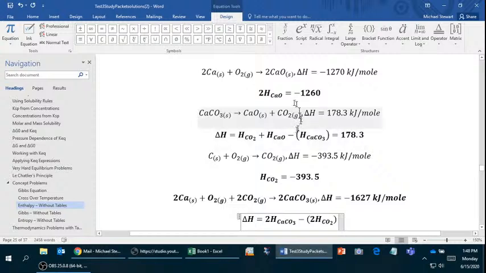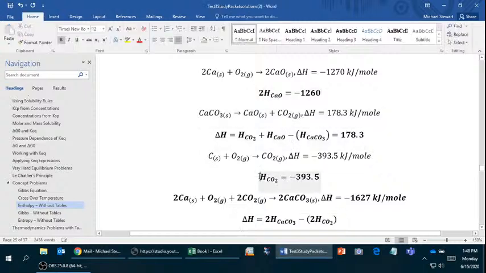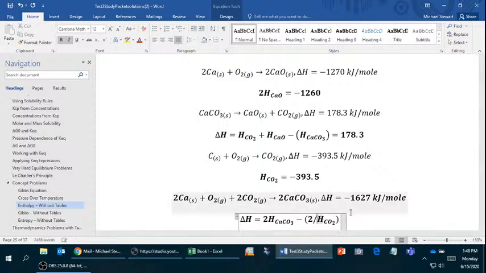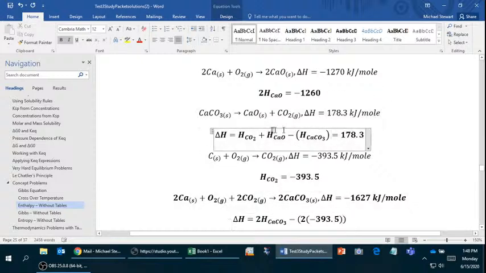And the way we solve it is, well, we've got enthalpy of CO2 here is minus 393.5, so we would just stick that in down here. So the enthalpy of CO2 is minus 393.5. If we want to figure out the enthalpy of CaCO3, well, we know that the enthalpy of CO2 is minus 393.5 from the third reaction.